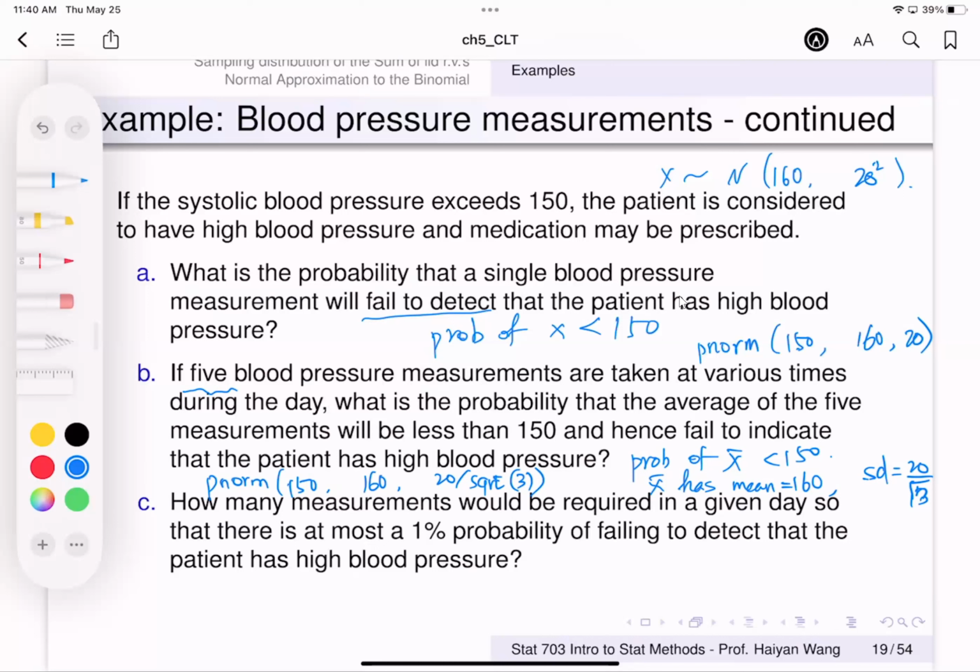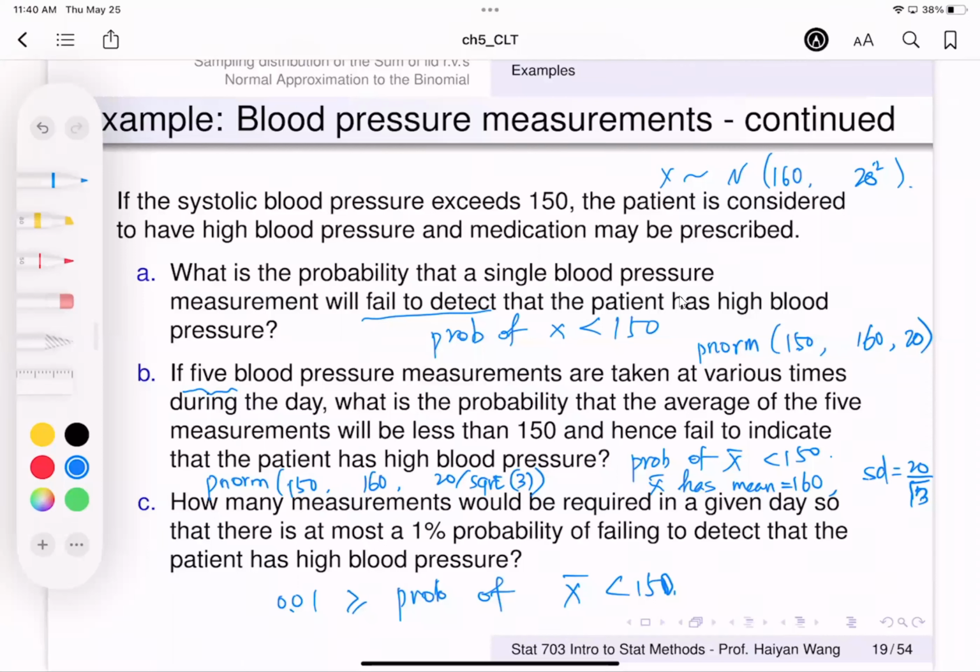Next one: how many measurements would be required in a given day so that there's at most a 1% probability of failing to detect the high blood pressure? So this is saying that 0.01 is the probability of X bar less than 150. We know this probability is less than or equal to 0.01.